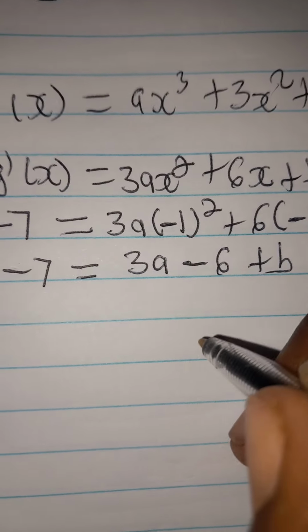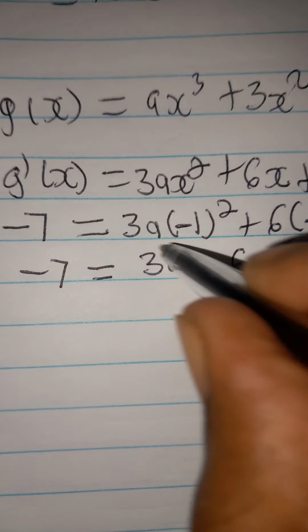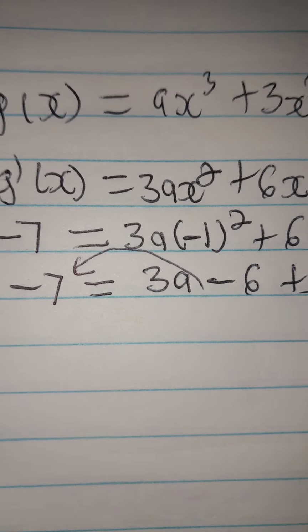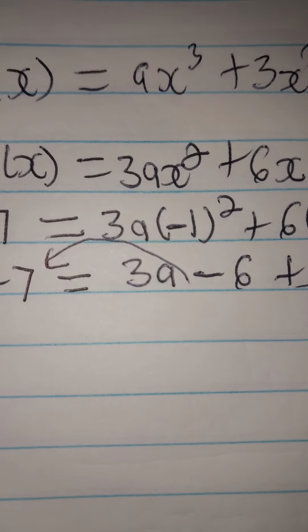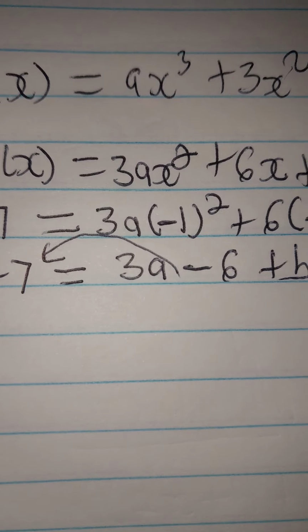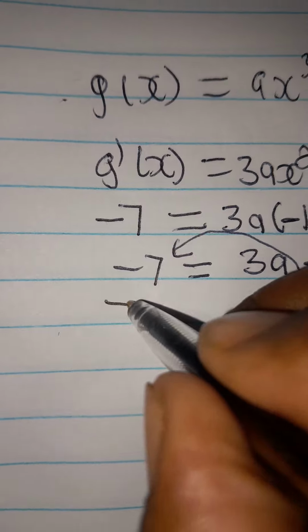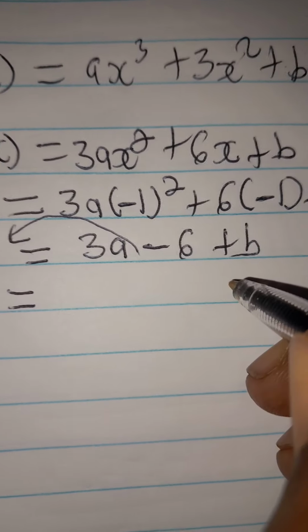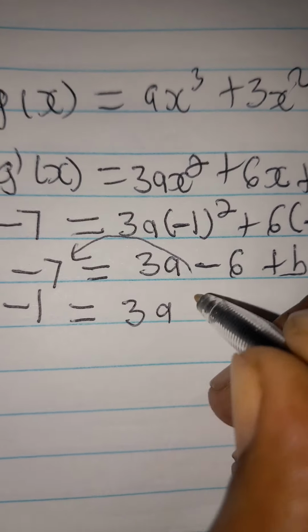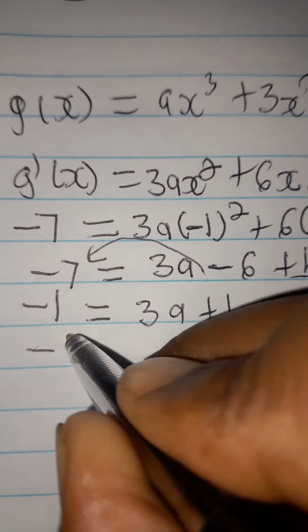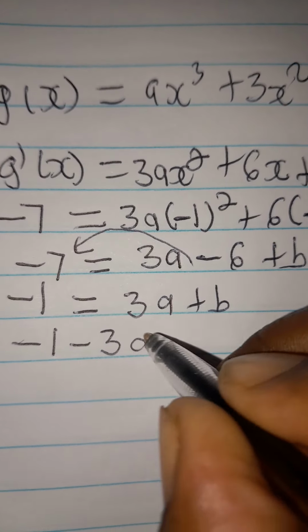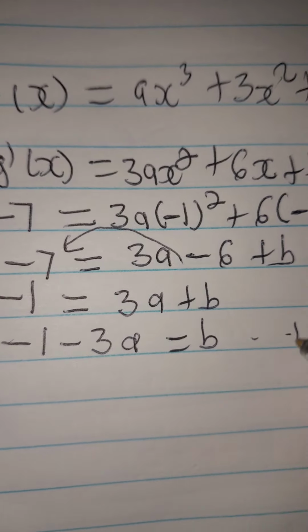So we need to make equation 1. What we will do is transpose negative 6 to the other side. It becomes positive 6. Negative 6 plus 7 will be 1. So we are going to have 1 there, as well as 3a plus b. We transpose 3a to the other side. It becomes negative 3a, which is equal to b. Then we name this equation 1.